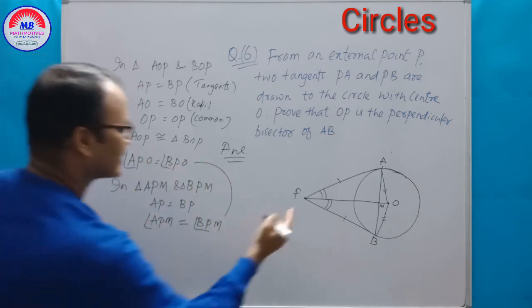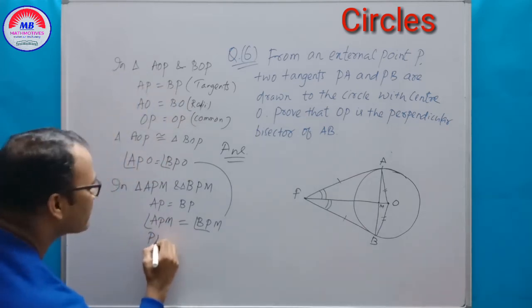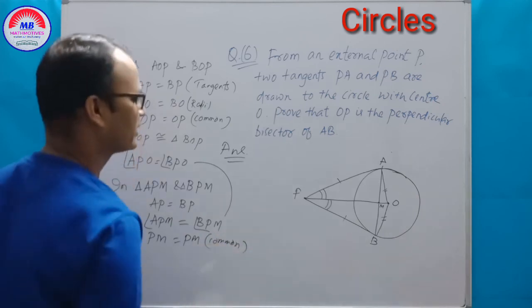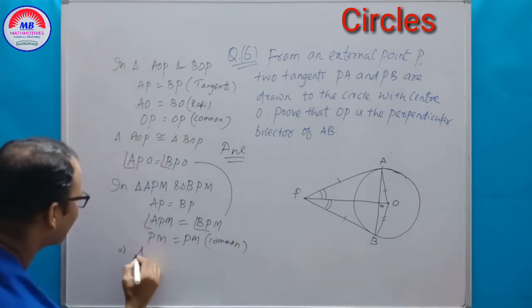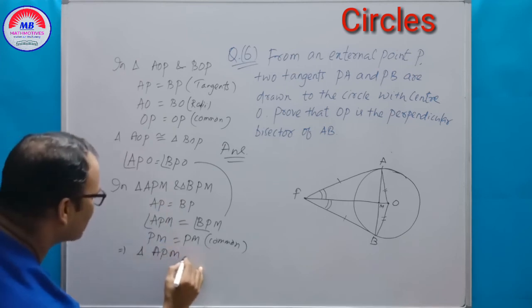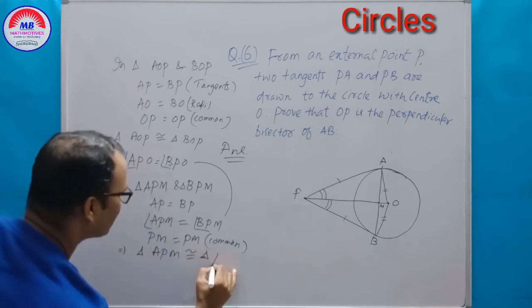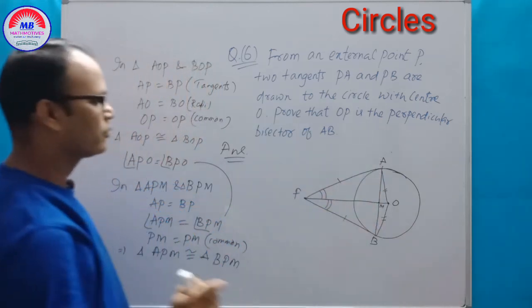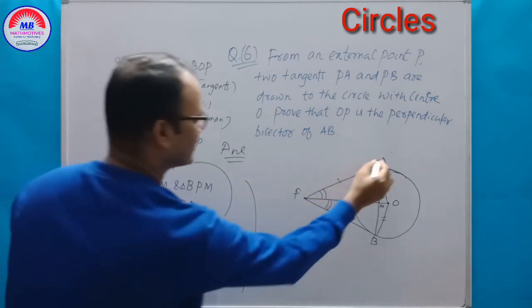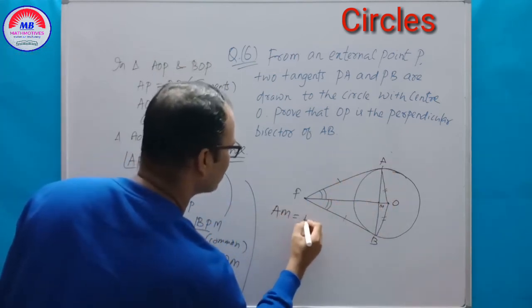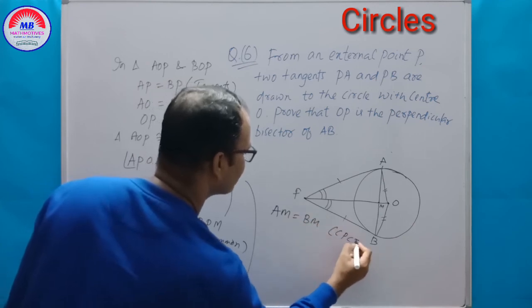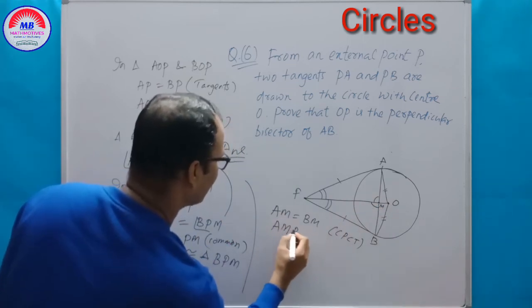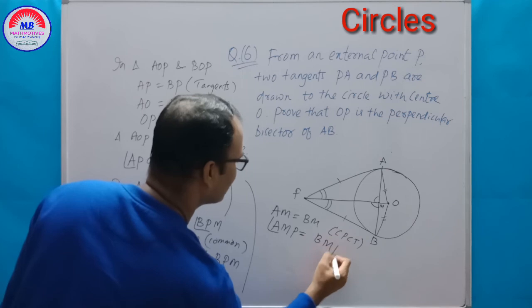Then next, PM is equal to PM, the common side. So triangle APM is congruent to triangle BPM. If two triangles are congruent, then AM equal to BM, by CPCT. Similarly, angle AMP is equal to angle BMP.